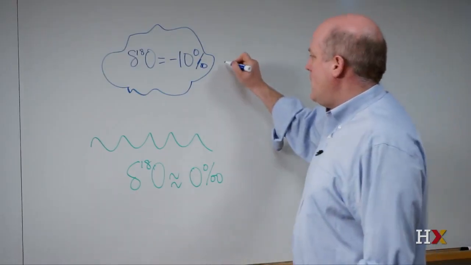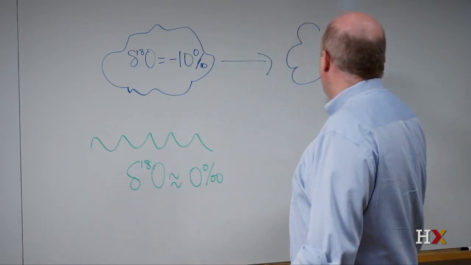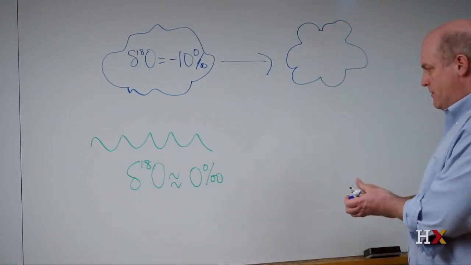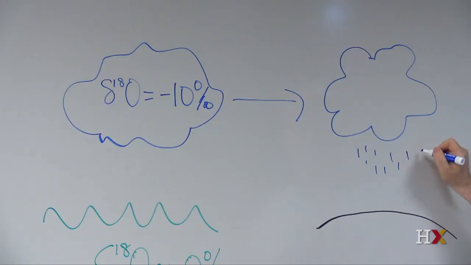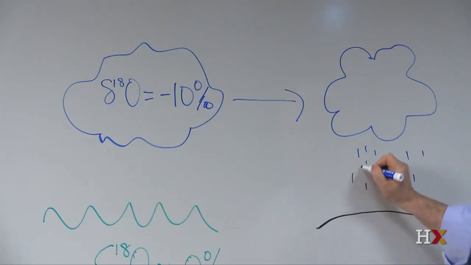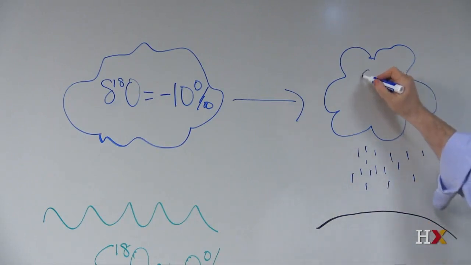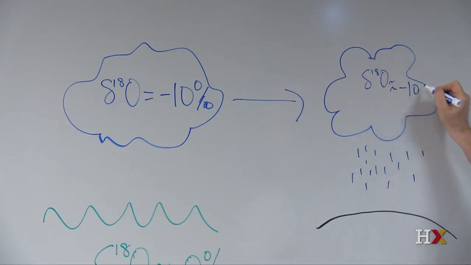Now, let's imagine what happens when that cloud moves over a little bit and now rains out over, instead of the ocean, a little bit of land. The first rain that falls from this cloud, remember the delta O18 of the cloud is approximately minus 10 per mil.